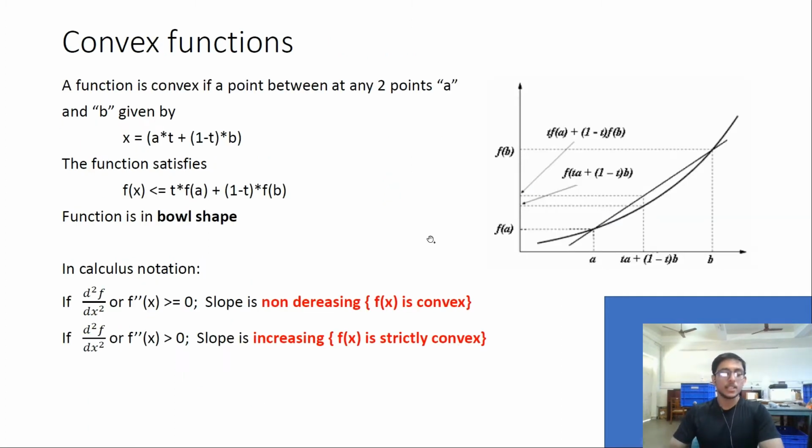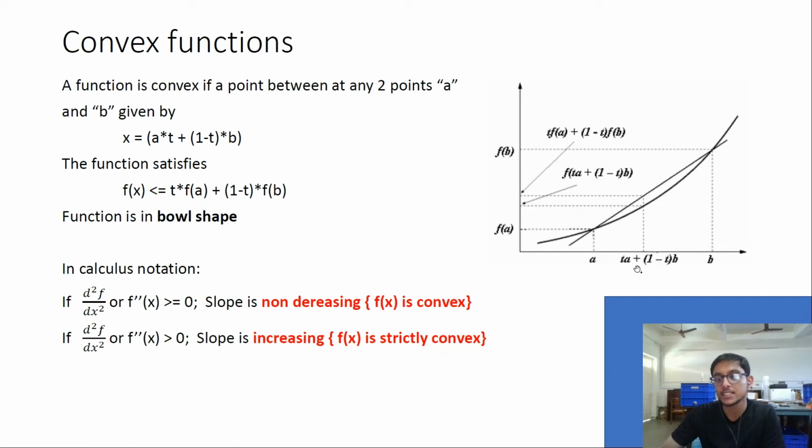So now let's come to the topic for today's presentation: convex function. What is a convex function? A function is convex if, between any 2 points, let's take A and B, on this function, we choose a point A into t plus 1 minus t into B, where t is less than 1.